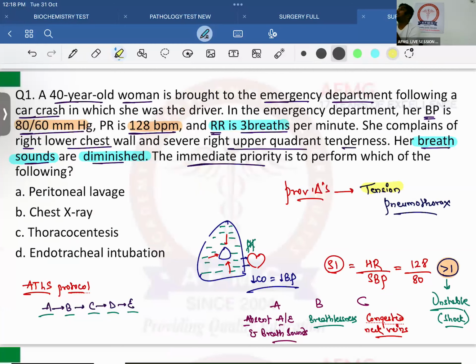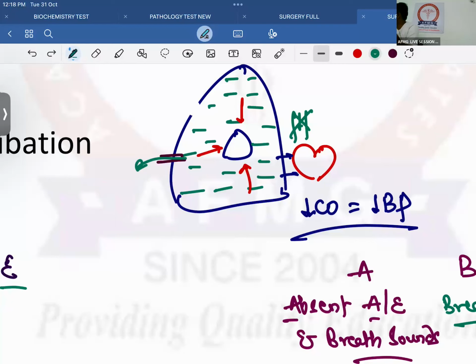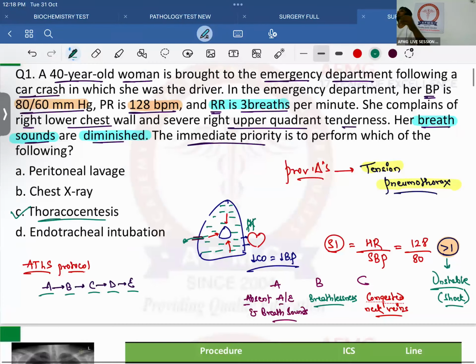Now your lung will get enough space to relax or expand, definitely the patient will be able to breathe normally. और जब patient सांस ले पाएगा, definitely his respiratory status is going to improve. दूसरी definitely बात याद रखनी है बेटा, as the air will come out of the pleural cavity, the pressure on the heart will also decrease, and as the pressure on heart decreases बेटा, now your heart will be able to relax, तुम्हारा heart और open हो पाएगा, and therefore the blood can easily enter inside the heart, therefore there will be increased cardiac output, और cardiac output बढ़ गया मतलब BP भी patient का बढ़ जाएगा.